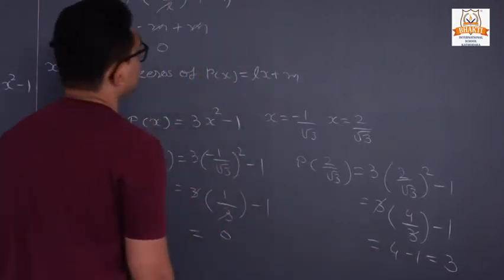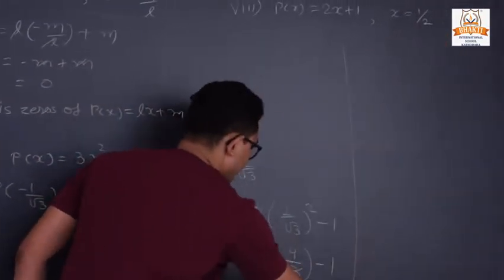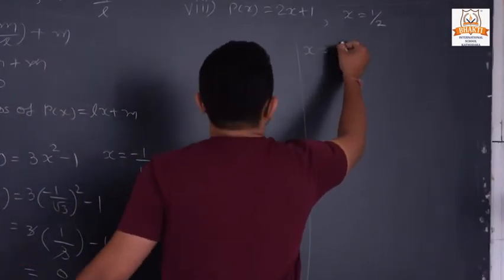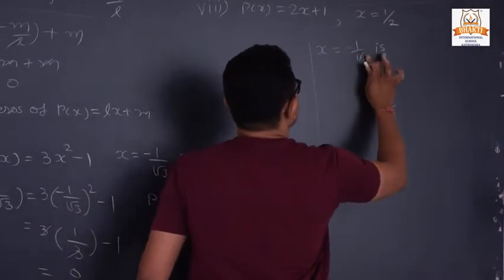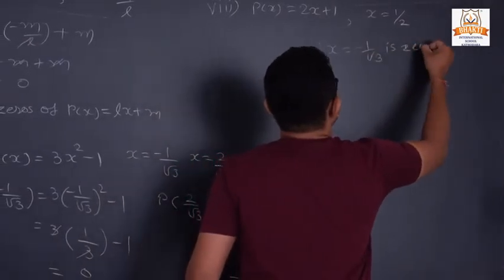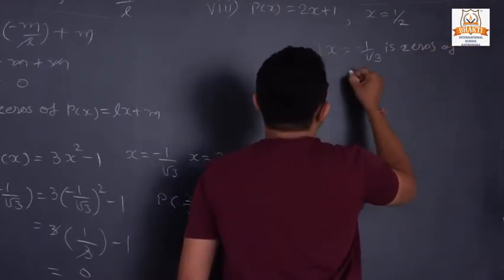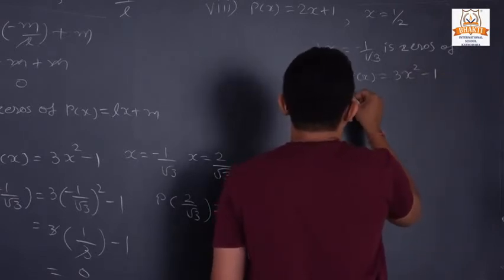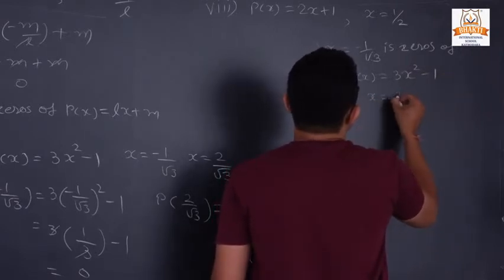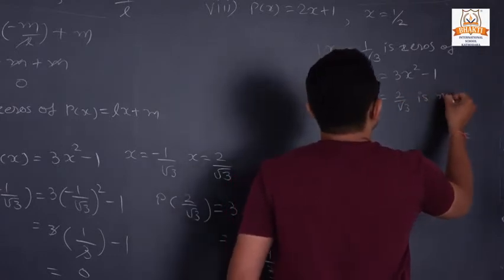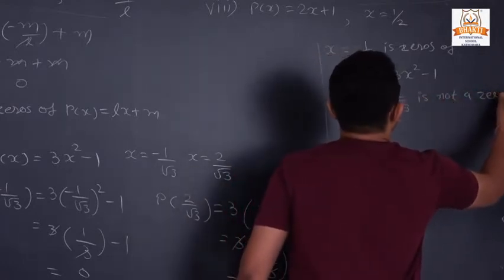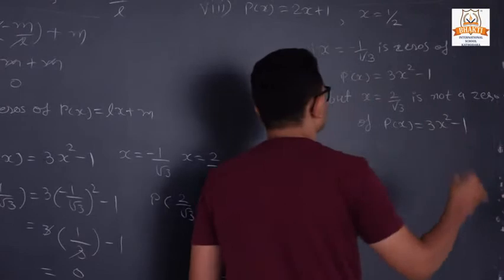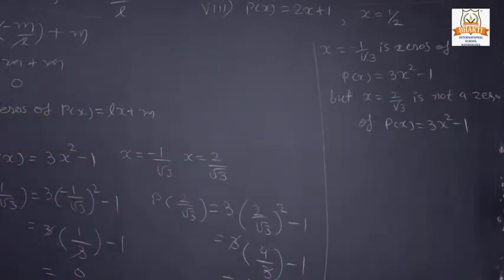So here we can write like that: x is equal to minus 1 upon root 3 is a zero of p of x is equal to 3x square minus 1, but x is equal to 2 upon root 3 is not a zero of p of x is equal to 3x square minus 1. That is our question number 7.